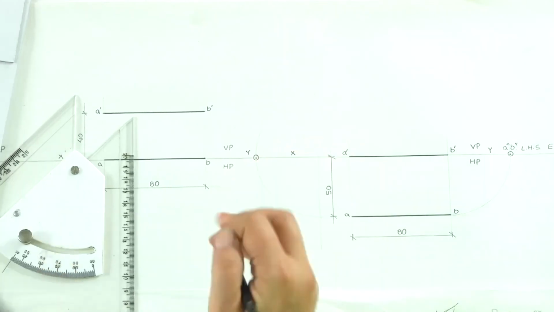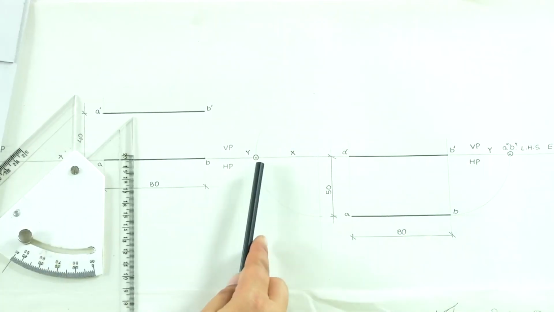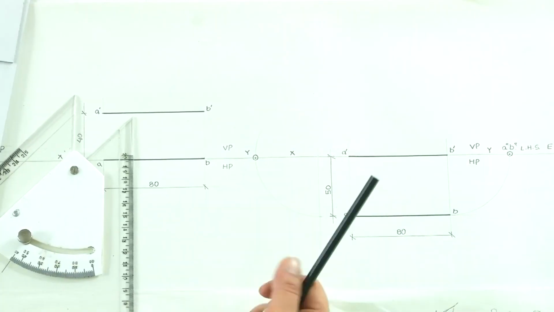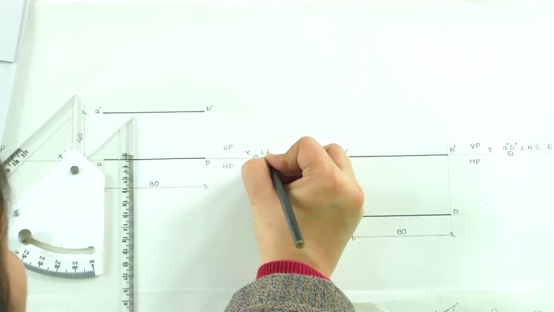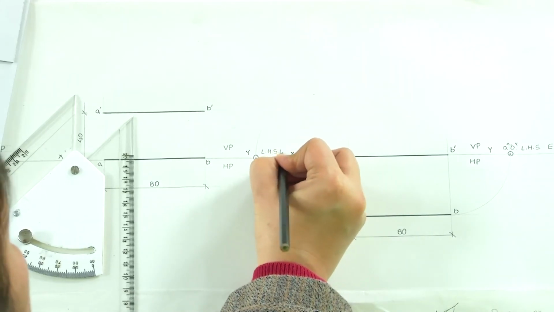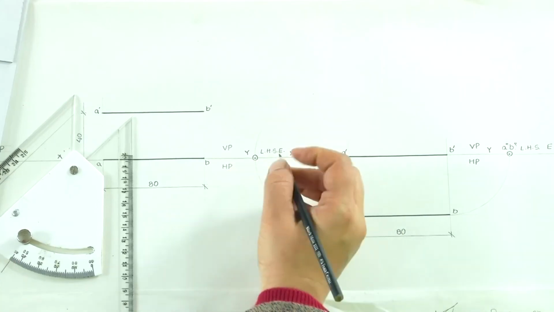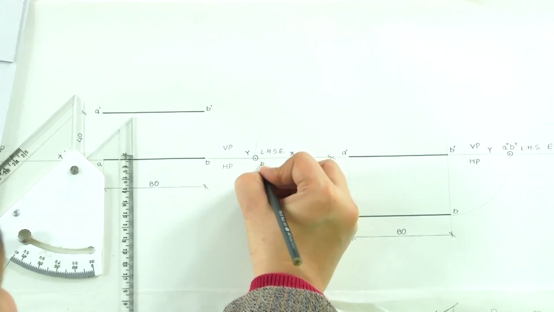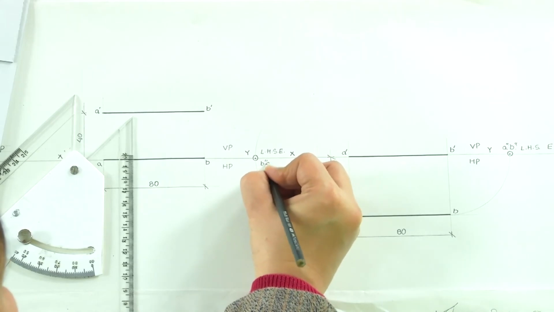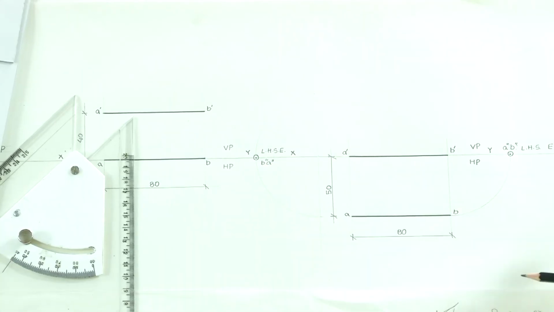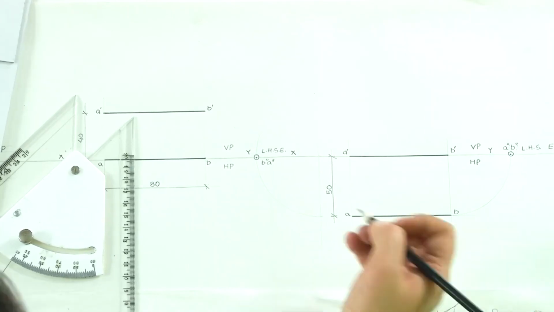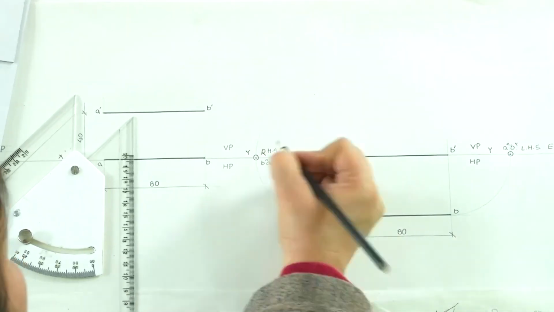This becomes the left hand side elevation, which is LHSE, and the nomenclature which we use here for this point will be B double dash, A double dash, because we are seeing it from this side, right hand side, sorry, this is right hand side elevation.